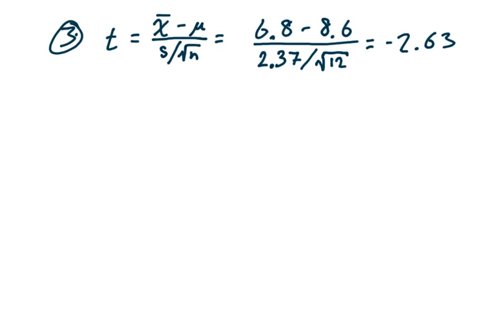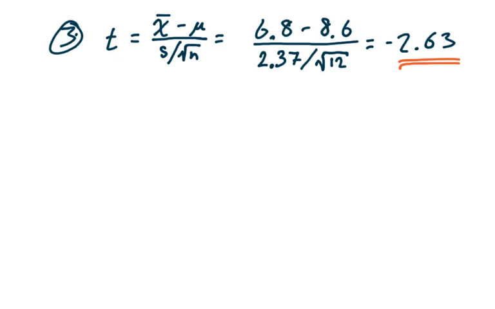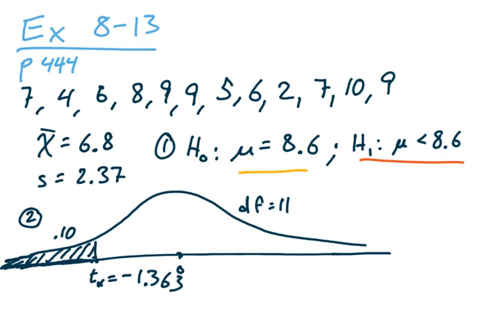And let's just flip back to our diagram here. We have negative 1.363, and our value was negative 2.63. So we're way over here, negative 2.63. And so notice our t value is well inside the rejection region.